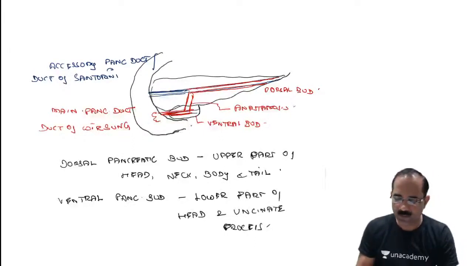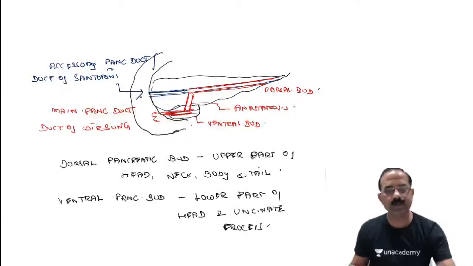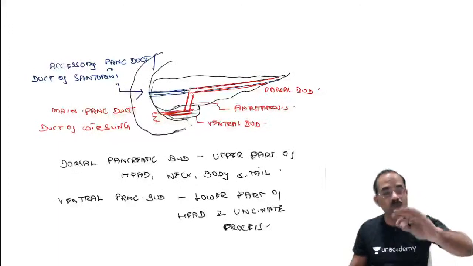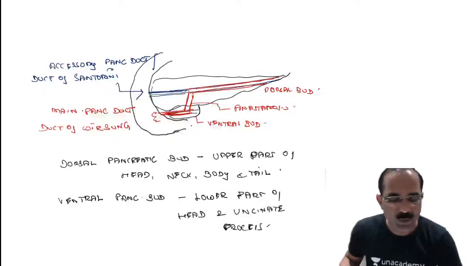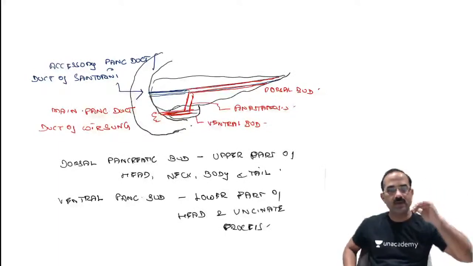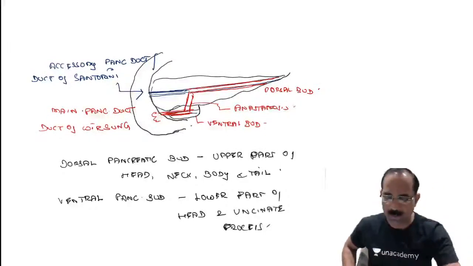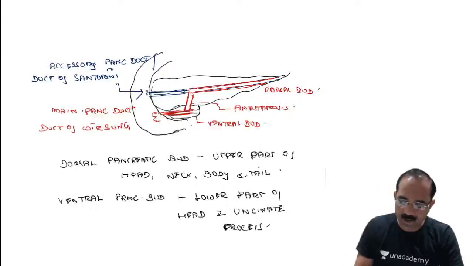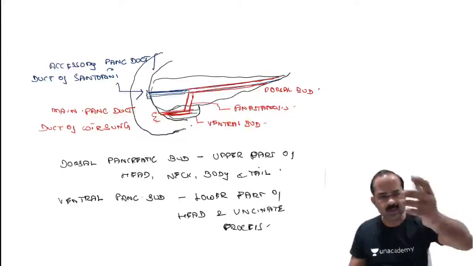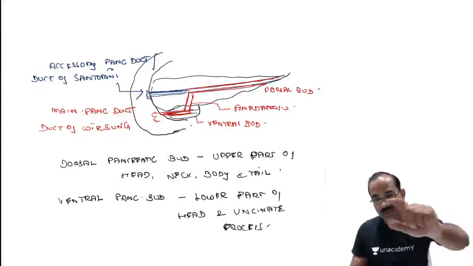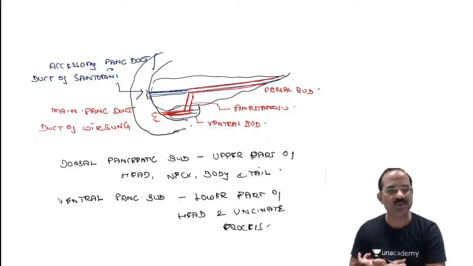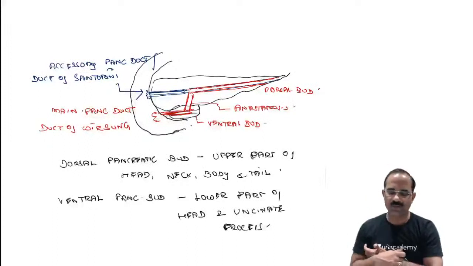So the duct of Santorini is formed by the main pancreatic duct, and where does it open? It opens in the minor duodenal papilla, here. How many centimeters is this from the pylorus, students? 6 to 8 centimeters from the pylorus.